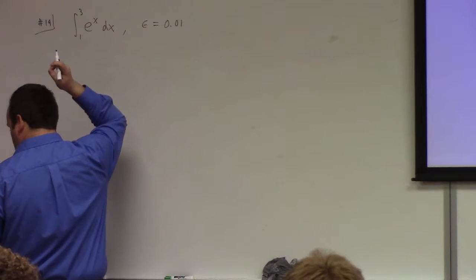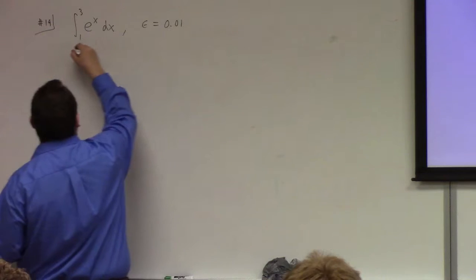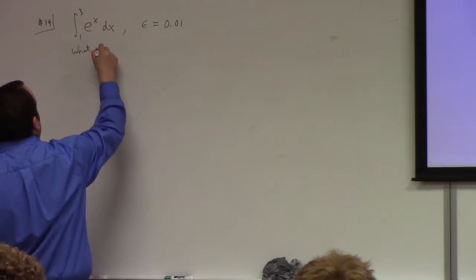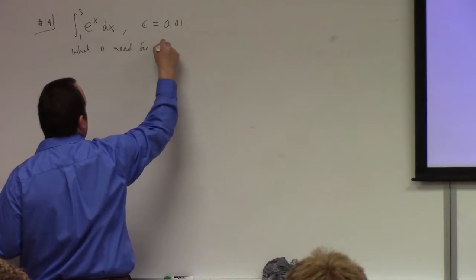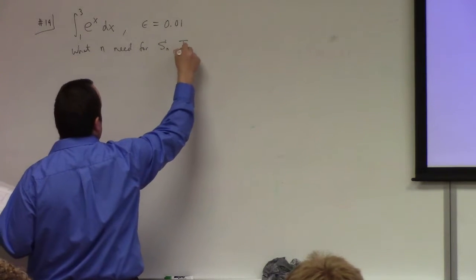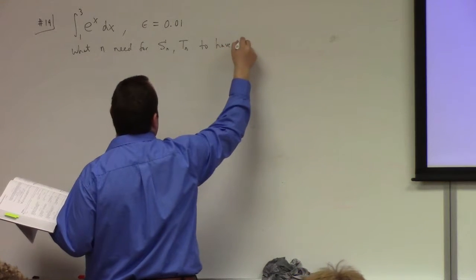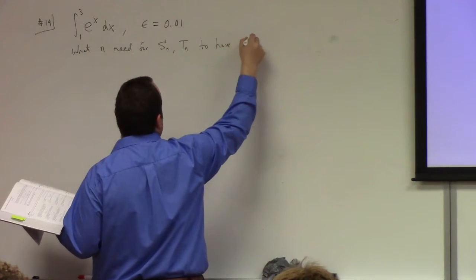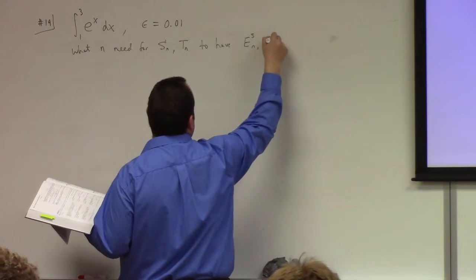the question is what n is needed for Simpson's rule or the trapezoid rule of order n to have ESN, ETN.